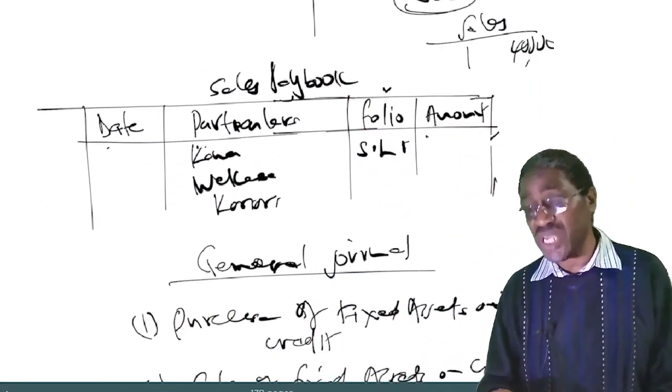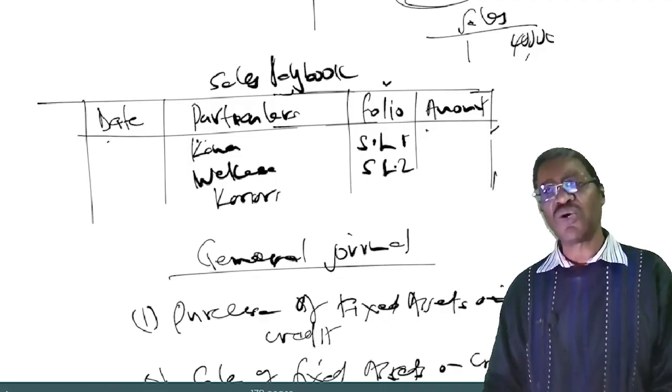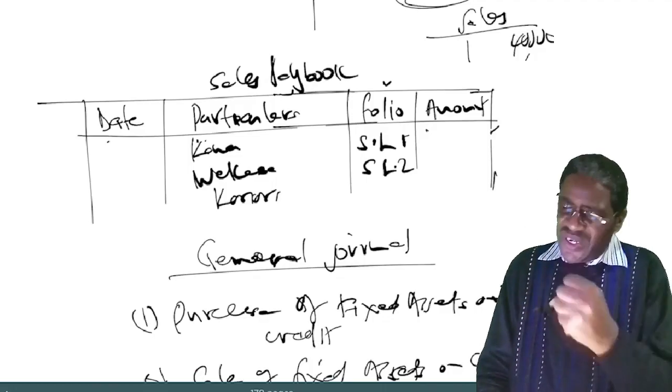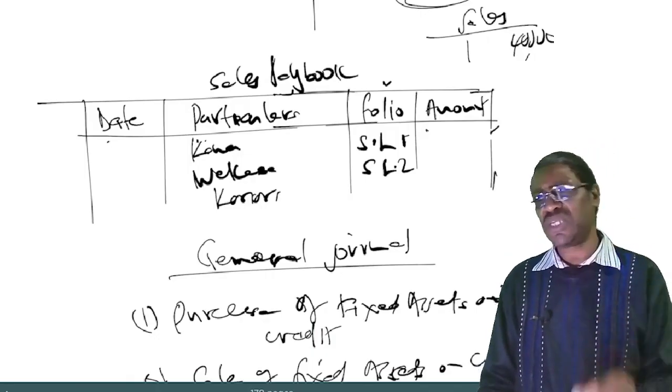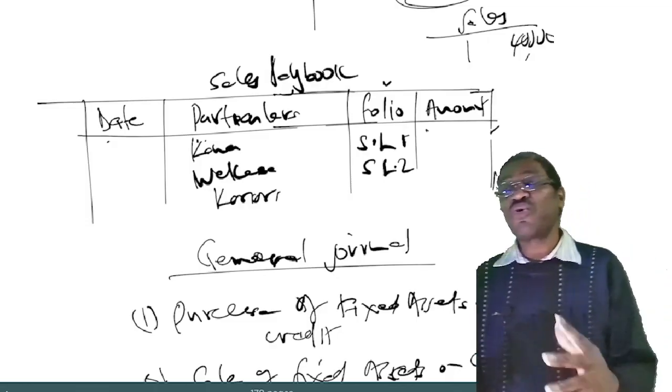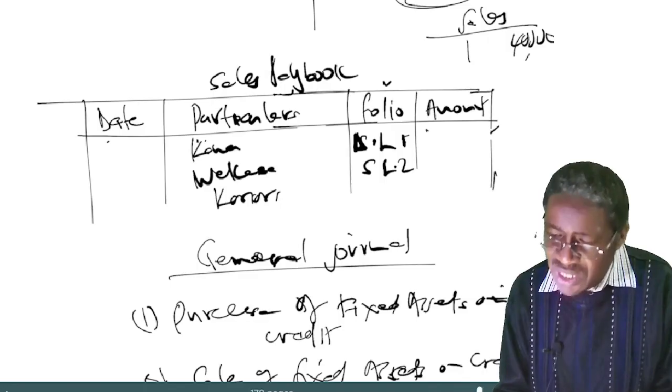You sold goods to Wekesa. That's what you put under the folio. So this folio column is just to help for reference. Somebody wanting to know very fast where he can see the account of Kamau, let him go to the sales ledger, or we are calling it the debtors ledger.